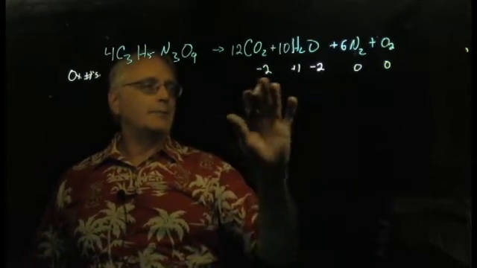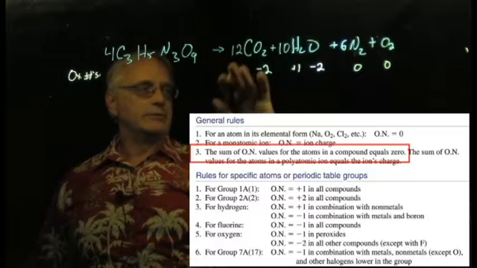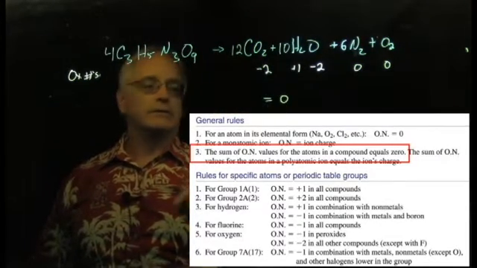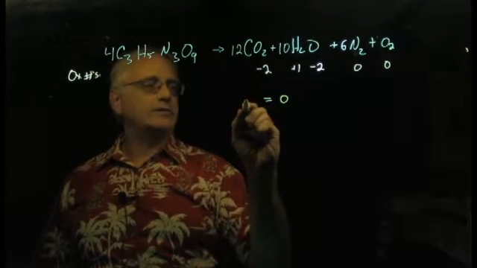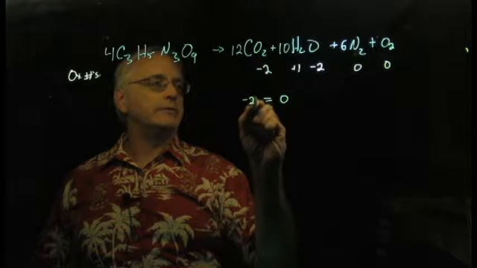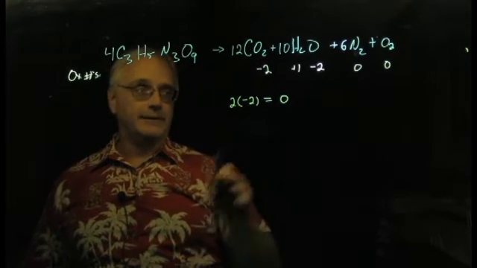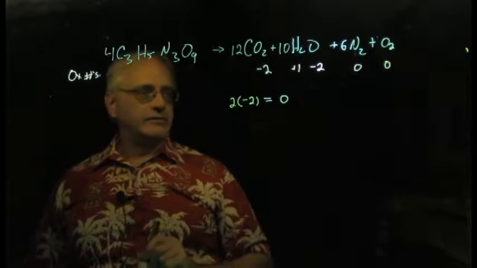You look at carbon dioxide and remember, for a neutral molecule, the oxidation numbers of carbon and oxygen have to add up to 0. It's a neutral molecule. Now, the oxidation number of the oxygen itself is -2, and in carbon dioxide there are 2 of them. So there's the oxidation number, and there's the number of oxygens.